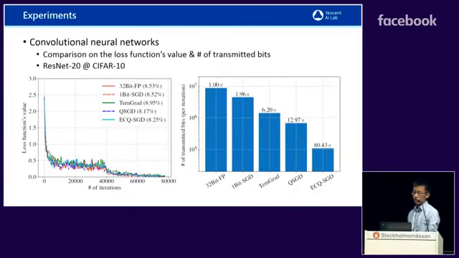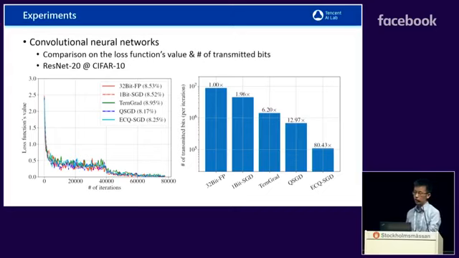Following is our experiment on non-convex optimization, which is to train a ResNet-20 model on the CIFAR-10 dataset. On the left, we plot the loss function value versus the number of iterations of various gradient compression methods.